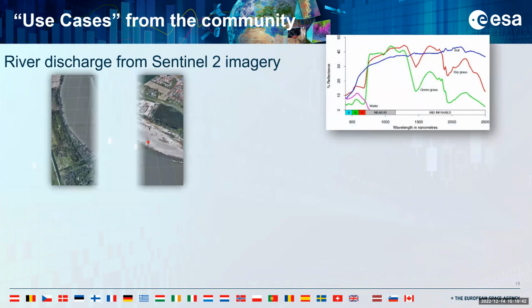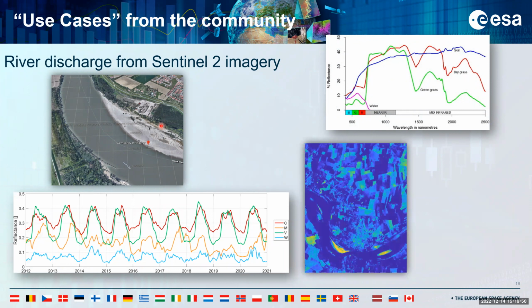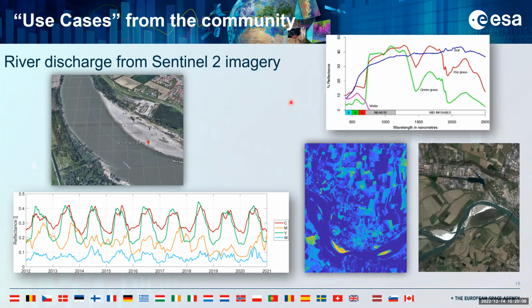The other use case that we have seen is a use case from the community, basically with the river discharge. So you can see these sand banks alongside the river, and these correspond really well to river discharge. So you can use the Sentinel-2 imagery, and this has been proven actually worldwide.